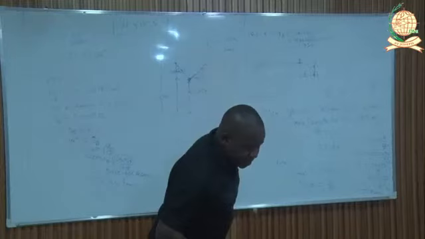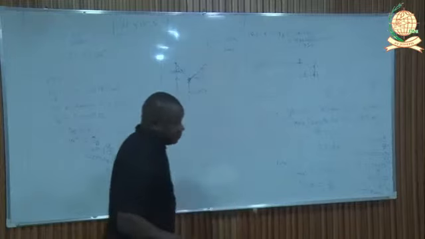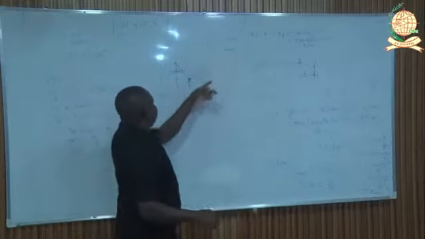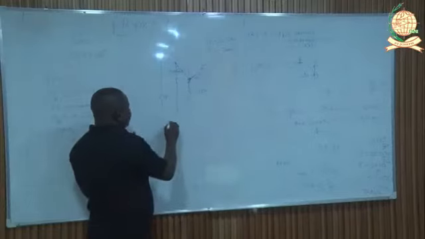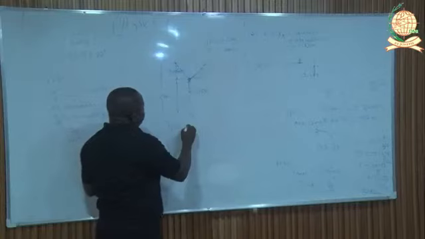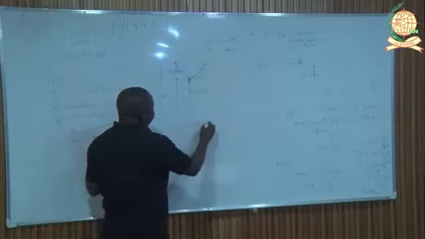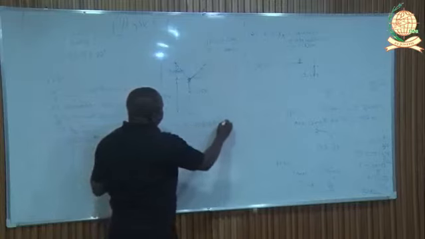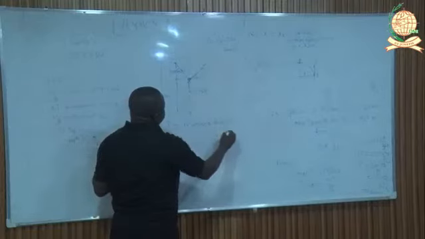What will be the initial velocity of the projectile, v naught? We know that tension at any point is equal to mg cosine of the angle plus the centripetal force.